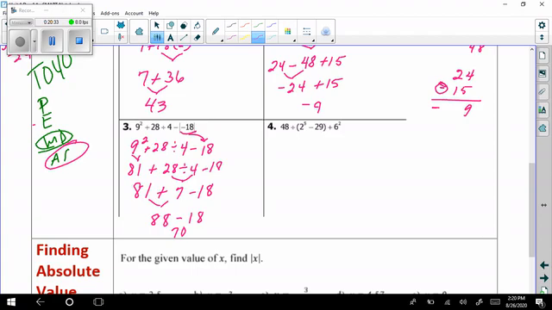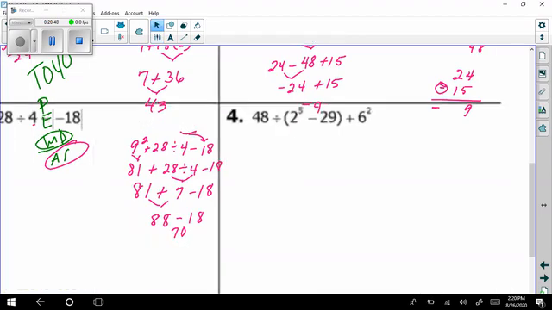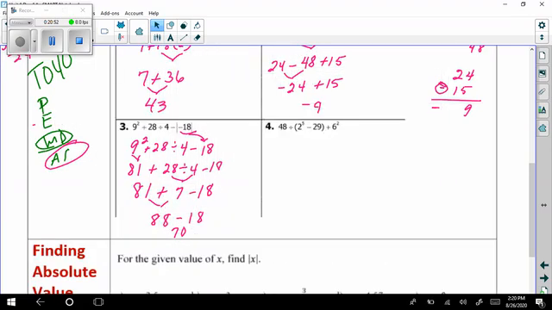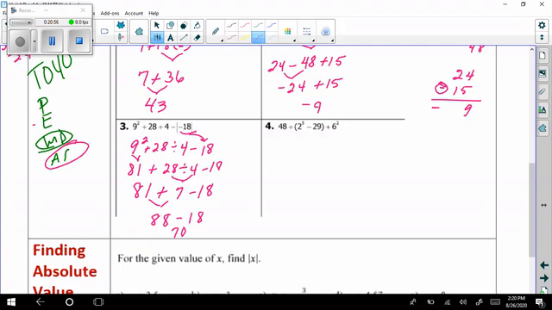Stick with me because I'm going to keep going through these types of problems with you. The next one here we have parentheses, and in that parentheses I have a divide by 2 to the 5th. So 48 divided by 2 to the 5th minus 29.